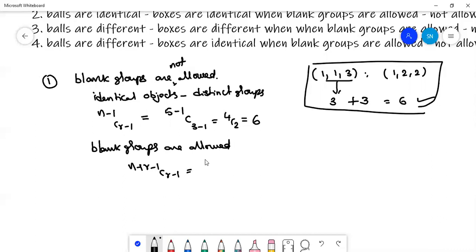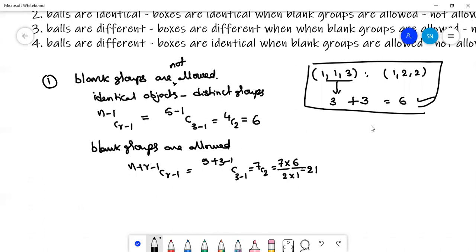This is 5 plus 3 minus 1 C 3 minus 1, that is 7C2. 7C2 is 7 into 6 over 2 into 1, so that is 21.